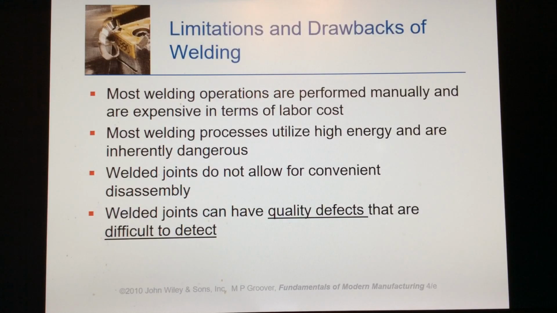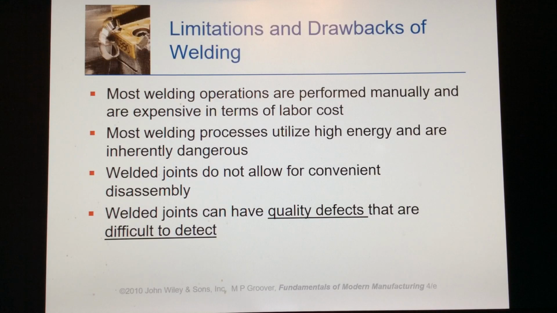Of course, there are some limitations and drawbacks for welding. First of all, it has to be done by a qualified person, a qualified welder, to make the structural integrity of that welded joint perform the way it's supposed to.